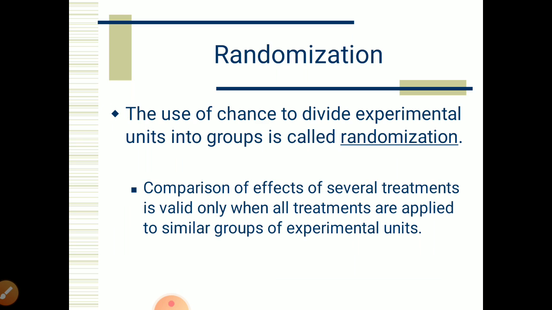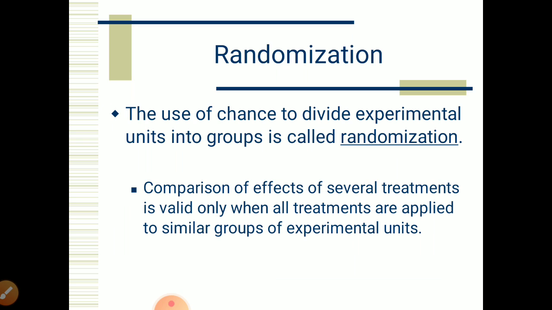So for that reason, we need to randomize the experiment. Randomization, as already told, is to see that biasedness with respect to variation among the experimental units is removed to the extent possible, so that the factors or treatments we are testing are genuinely tested or analyzed.